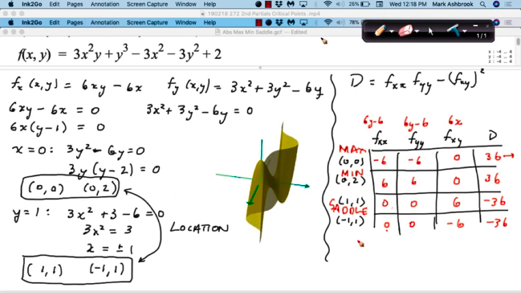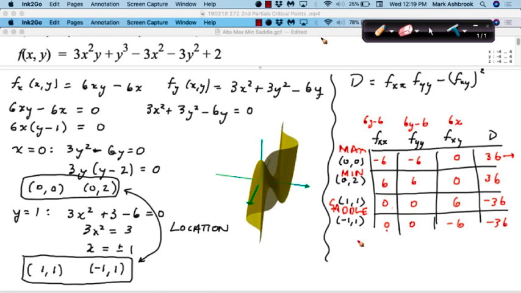We found the critical points for this function at (0, 0), (0, 2), (1, 1), and (-1, 1). Then we used the discriminant, which is kind of like the second derivative test for multivariable functions, to get these values of D. When D is positive, you have a max or min, and to figure out which, you go back and check the second derivatives.